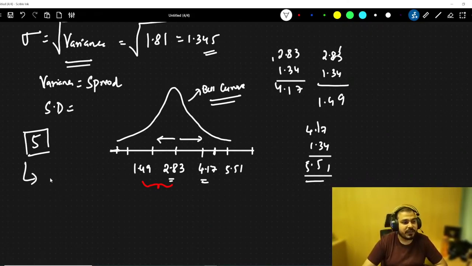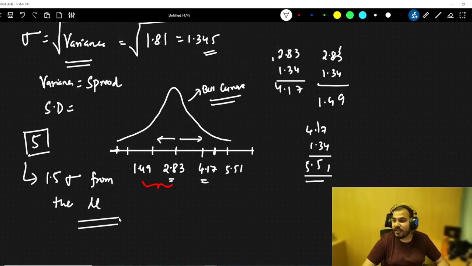You will say that it falls 1.5 standard deviations from the mean. So this kind of definition you will be able to tell them. That means from the mean, how far a specific number is with respect to standard deviation. You're using a unit called standard deviation for saying that.